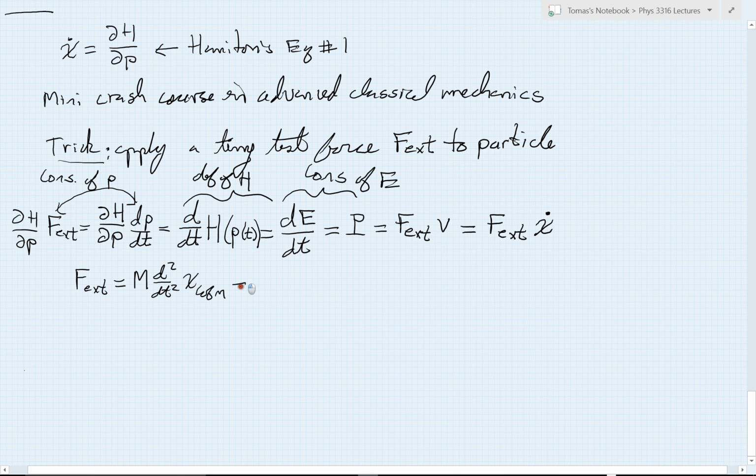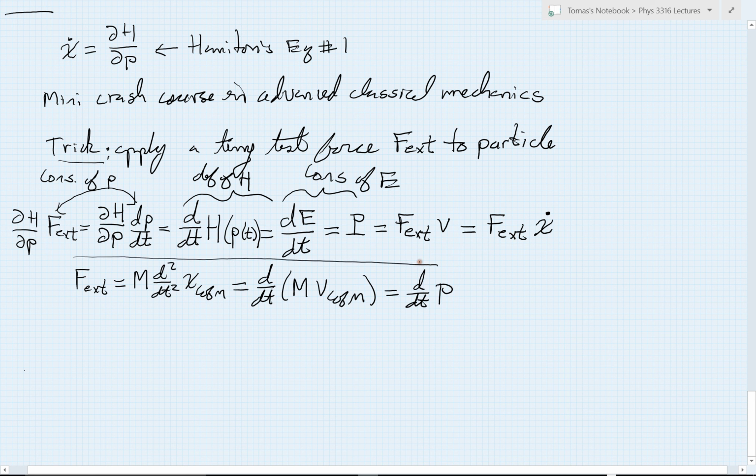Now, the next thing I want to notice is I could write the force as the time derivative of the mass of my system times the velocity of the center of mass. One time derivative is out here. The other time derivative, d/dt of the position of the center of mass, is the velocity of the center of mass. And of course, the total mass of the system times the velocity of its center of mass is actually the total momentum in my system. So that's one way you could understand the origin of that relation.